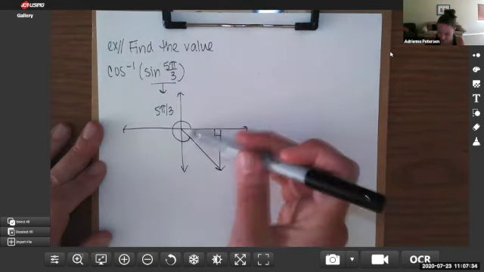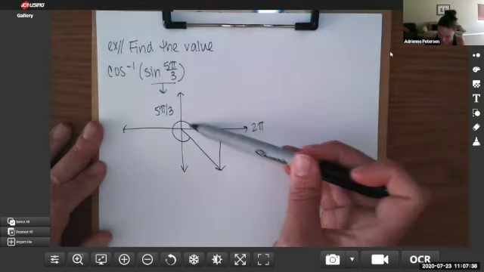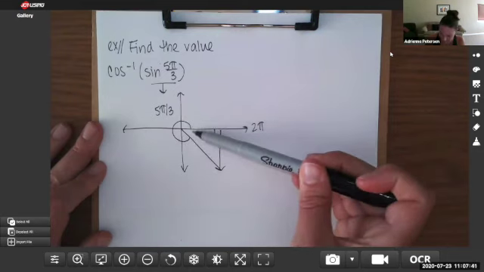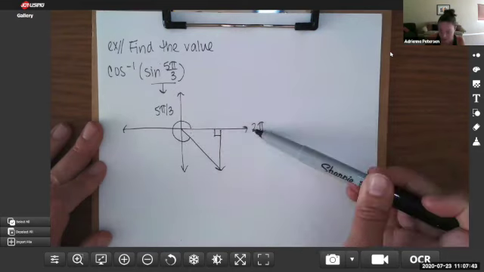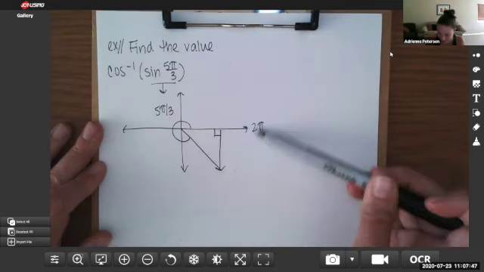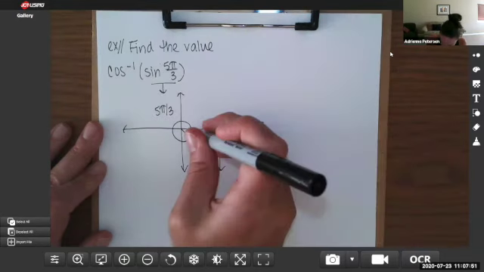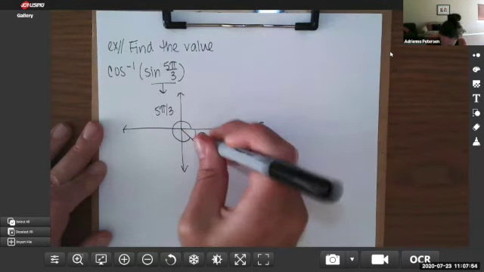All the way around is 2 whole pi. So if this is 5/3, we ask ourselves how many thirds to get all the way to 2 pi. So you can either do 2 minus 5/3 or recognize that 2 is 6/3. So that means that this angle is π/3, which is of course 60 degrees.